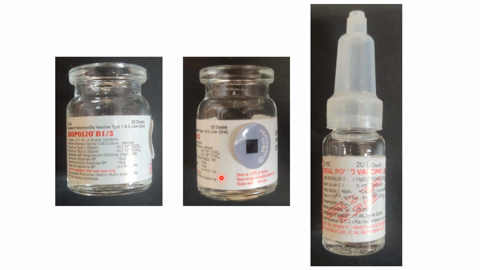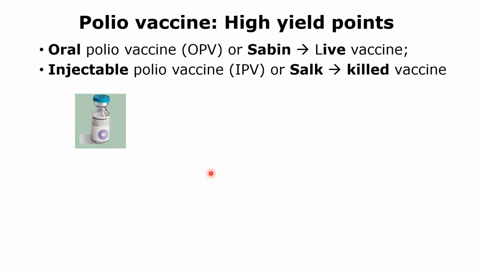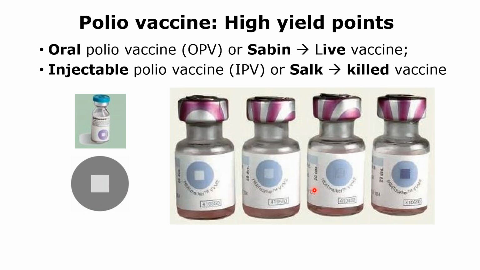So polio vaccine: the oral polio vaccine or Sabin is the live vaccine, while the injectable polio vaccine or Salk is the killed vaccine. You can remember that in the name Salk a K comes, so killed vaccine, right? And this is the vaccine vial monitor that we were talking about, which has an outside circle and an inside square in it, and it can have various colors like this.